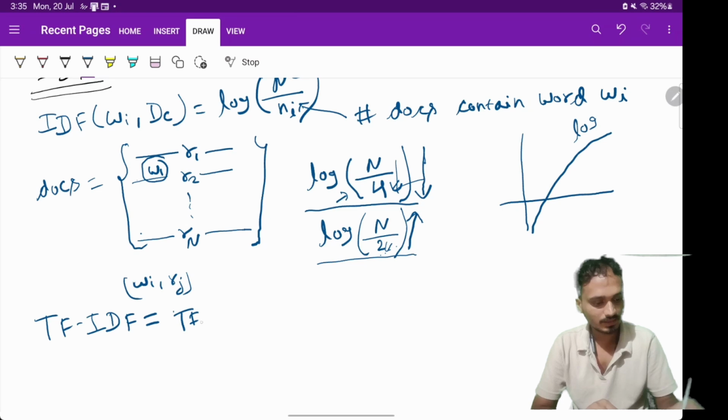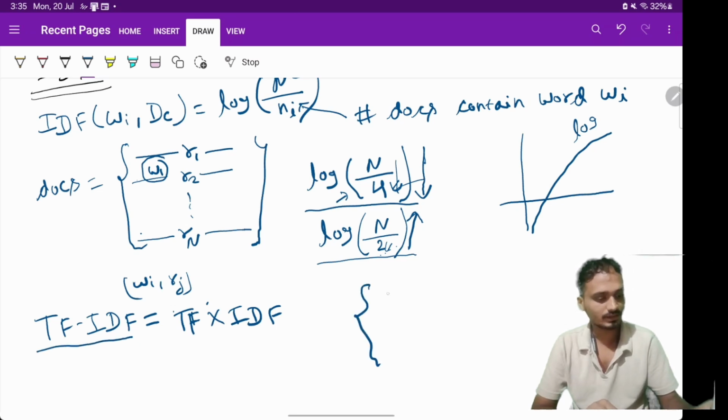So here we will have TF multiplied with IDF, and that will be the TF-IDF value, and then we will represent reviews with values like 0.51, 2.4.